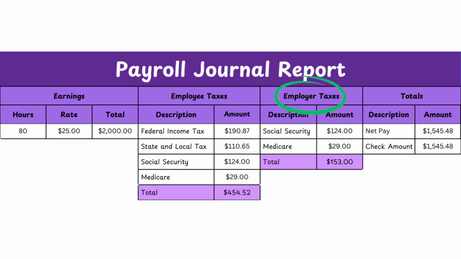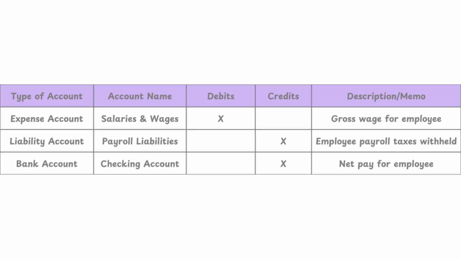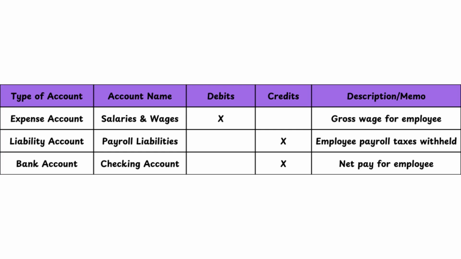In the employer taxes section, we can see the employer pays Social Security and Medicare for a total of $153. And in the total section, we can see the net pay, which is gross of $2,000 minus the employee taxes, which gives a take-home pay of $1,545.48. To record these details as a journal entry, we need to follow this table as a guide.